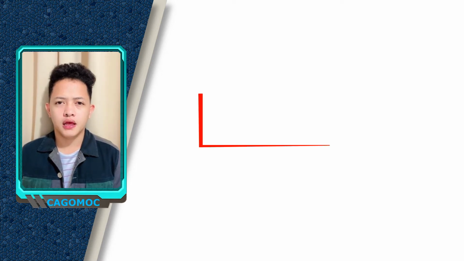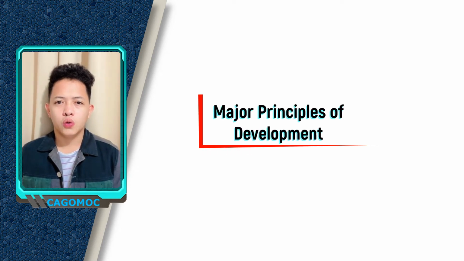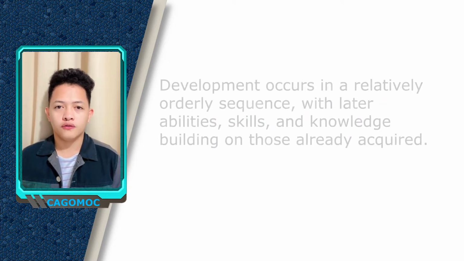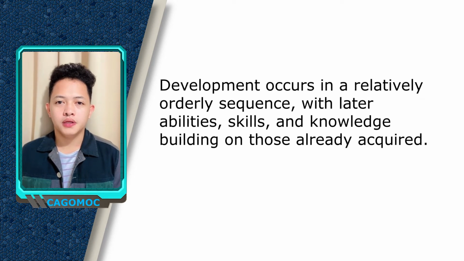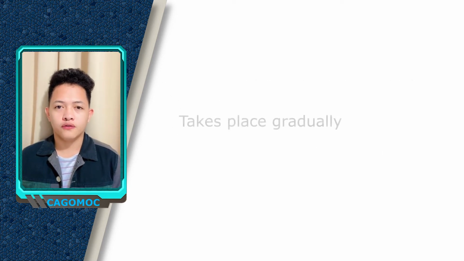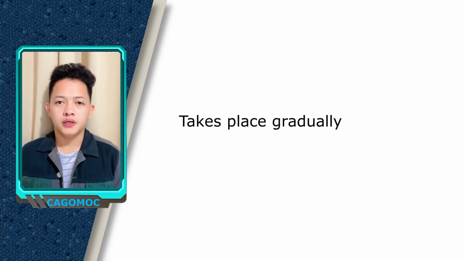So now let us revisit the learning essentials. Here are major principles of development relevant to this episode. First is development is relatively orderly. Development follows directional patterns, such as from the head to the toe, and from the center of the body then outwards. Second is development takes place gradually.